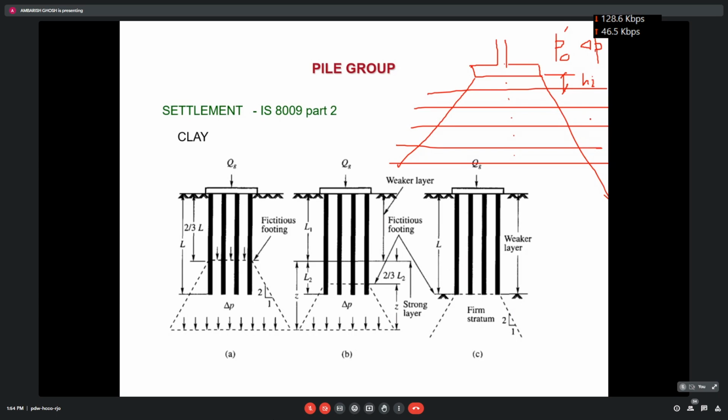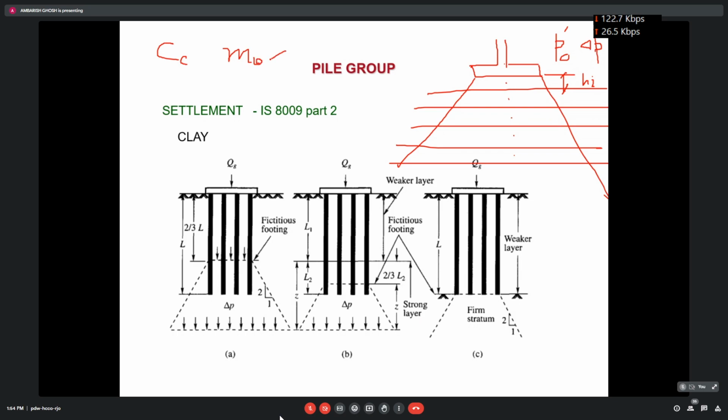Yes or no? Have you done the settlement calculation for shallow footing this way? Yes, sir. Now, when you have used Cc for calculation and when you have used mv for calculation, can you tell me?